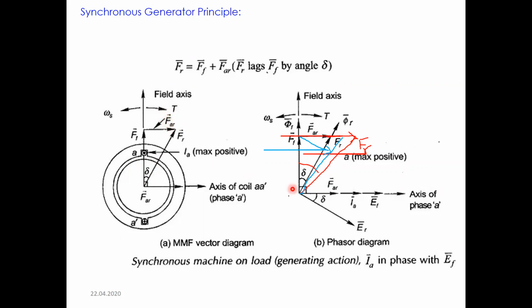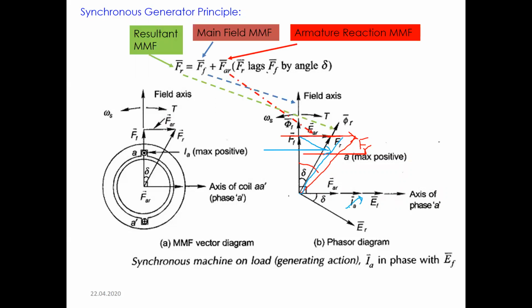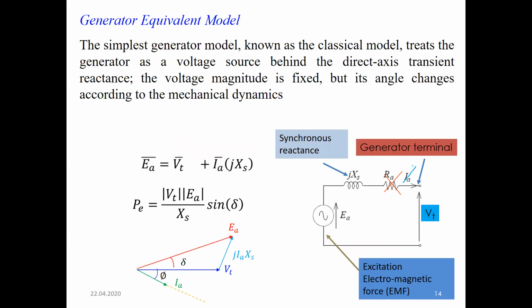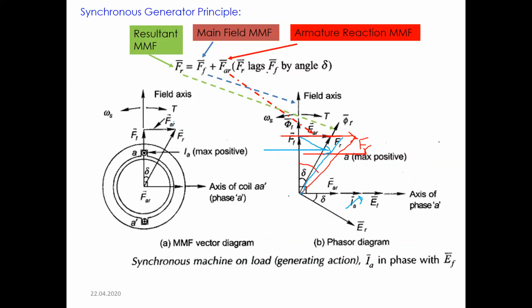Then another part: if the loading of the current increases, that means the load on the generator terminal has increased, so this component will increase, and as a result this other component will also be affected, and this will again change the angle delta. So the rotor angle delta change is not only because of the load, but also because of the armature reaction MMF here.